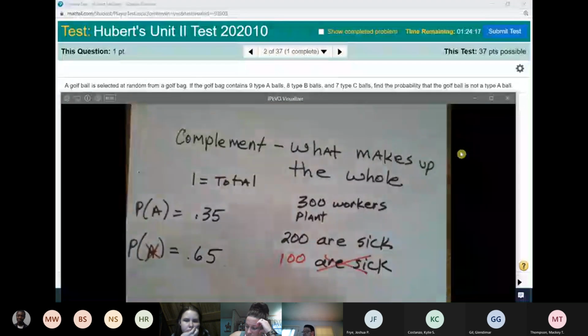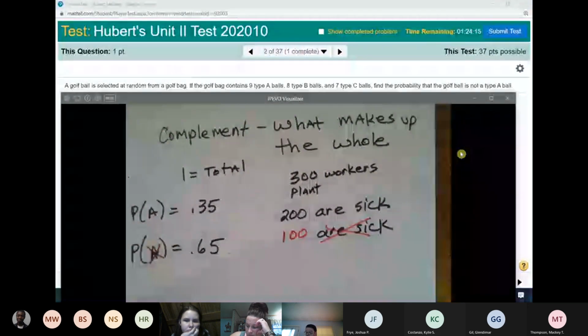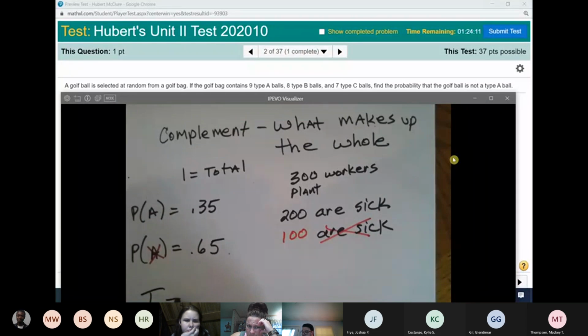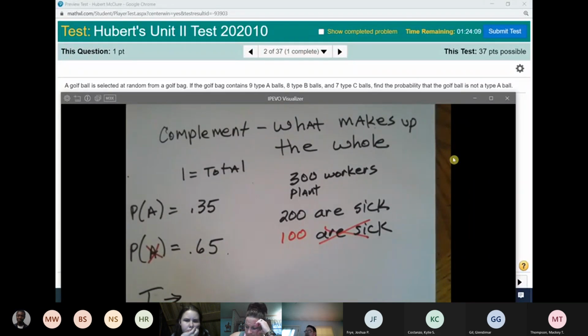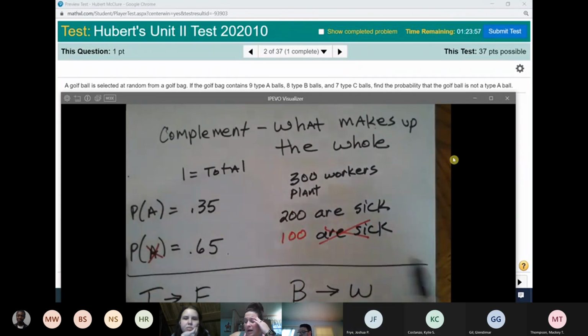What's the complement of true? False. What's the complement of black? White. Y'all getting it? Yep. What makes up the whole?